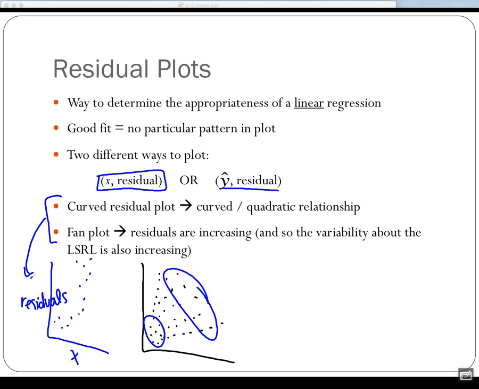Here they're really far away. So that means that your linear regression is not a good fit to the data. So something that looks good, that's good. That says our line is a good fit to the data.